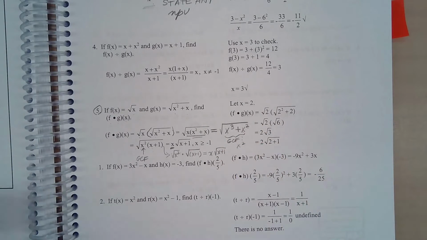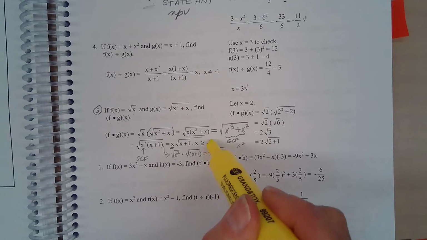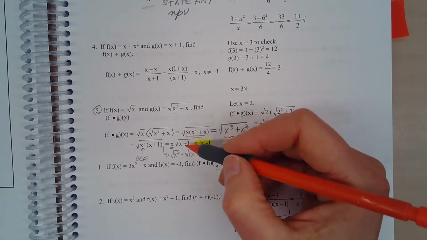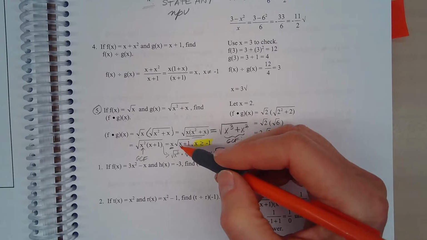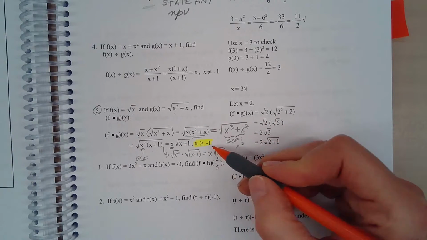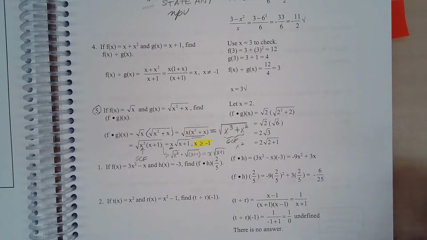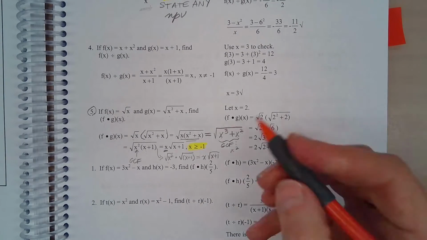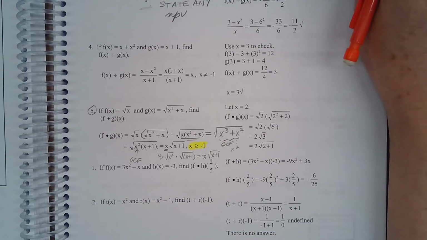Now, notice this is important too, because the radicand can't be less than 0, right? Because otherwise that would send the radicand into the negatives, and that's not possible. x must be greater than or equal to -1 to keep the radicand 0 or greater than 0. So again, stating the non-permissible values.